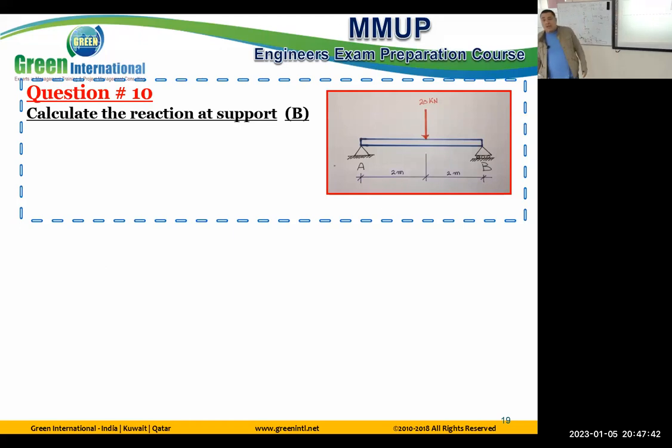Number 10. Calculate the reaction at support B. Structure analysis. You have a simply supported beam with a concentrated load at midspan. For sure, 100%, structure analysis in this case is very simple. The two reactions, reaction of A and reaction of B, are equal to each other. Reaction A and B equal 20 divided by 2, which is 10 kilonewton.